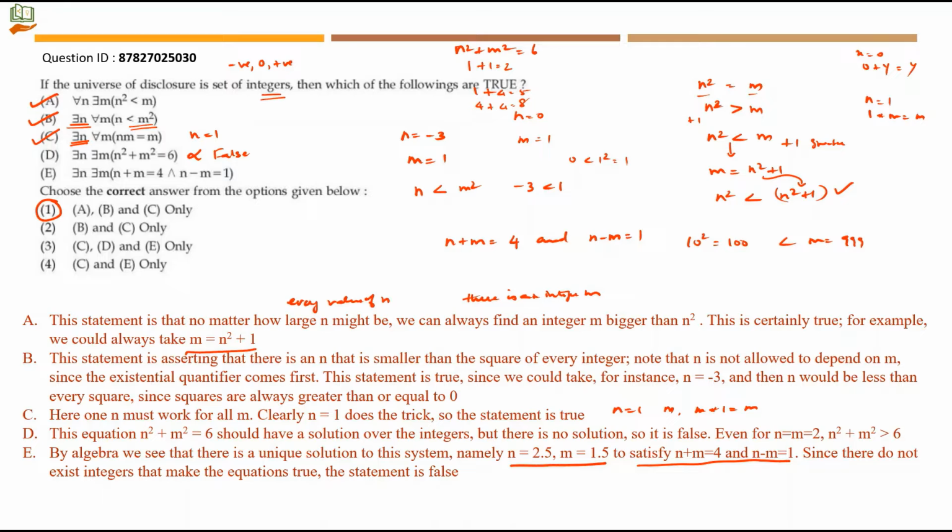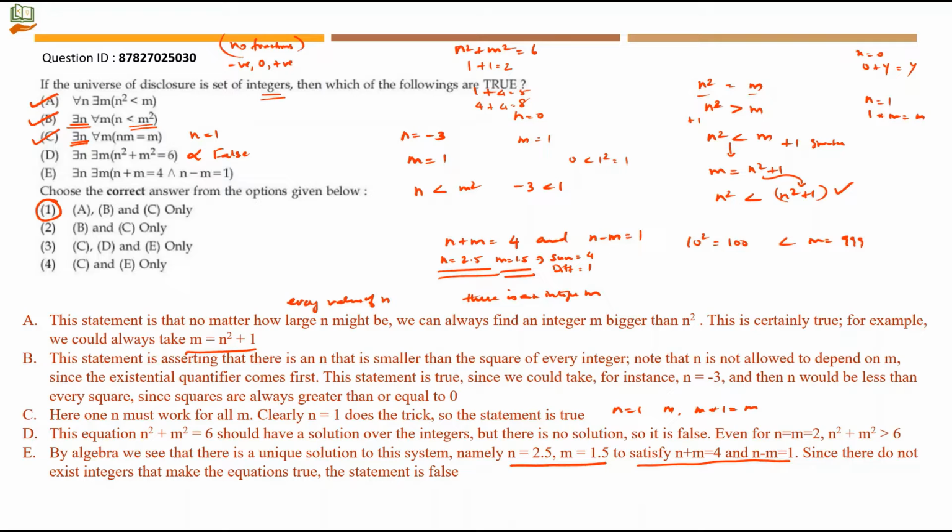I just used the same thing. When n is equal to 2.5 and m is equal to 1.5, we can get the value of the sum to be 4 and the value of the difference to be 1. This is right. But what is n and m? They have given the universe of discourse as set of integers, which means no fractions have to be included. Only negative numbers, 0 and positive numbers should be included.